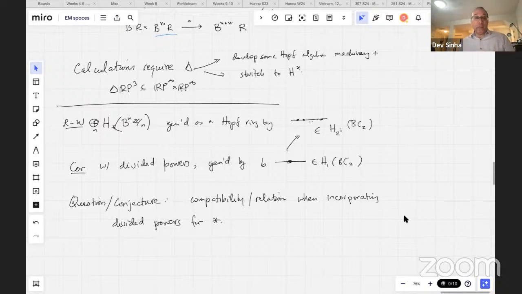And again, this is something, let me say, so a Hopf ring with divided powers, yeah, well, let me give an example first.